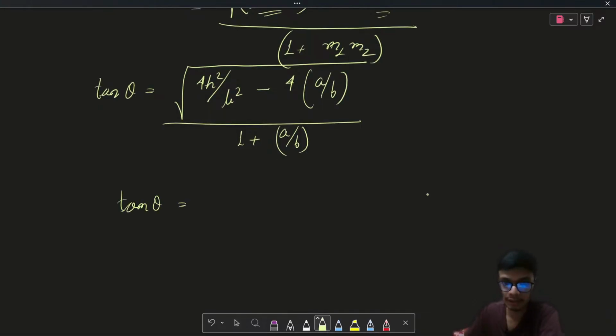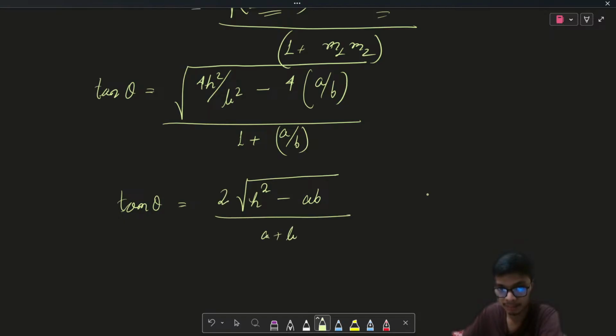So with this result, tan of theta would be equal to, I can simplify this part and obtain the simple result as 2 times the square root of h square minus ab, and then we will have an a plus b over here, right? Don't forget there is a plus or minus sign over here, and if I want to remove this plus or minus sign, I can take back the modulus.